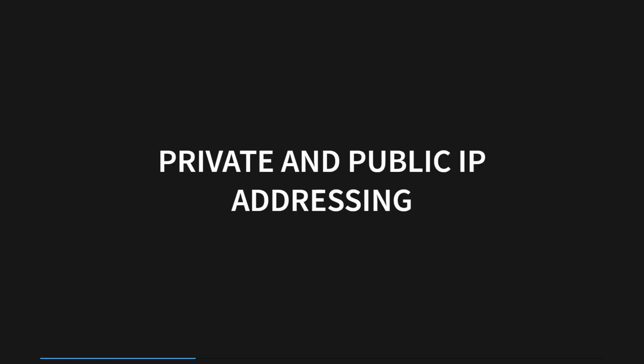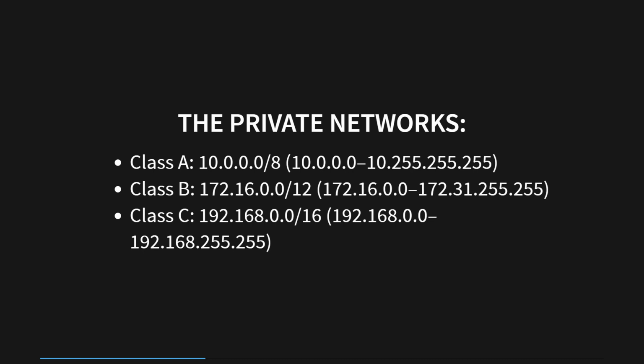To alleviate the demand for IP addresses, RFC 1918 introduced the concept of private internets, reserving specific address ranges for their use. The following address ranges are reserved for private networks. Class A, 10.0.0.0/8, 10.0.0.0 to 10.255.255.255.